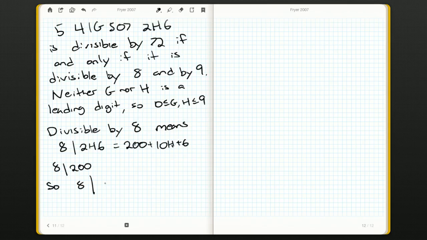So that means 8 divides 10H plus 6, which is 2 times (5H plus 3). Alright. So we have a factor of 2 in that 8 and a factor of 2 right here, so this only works out if 4 divides 5H plus 3.